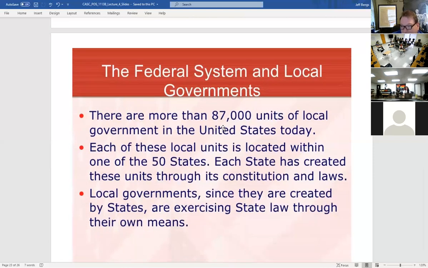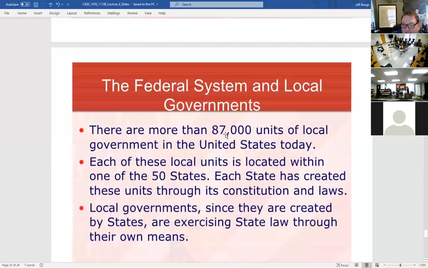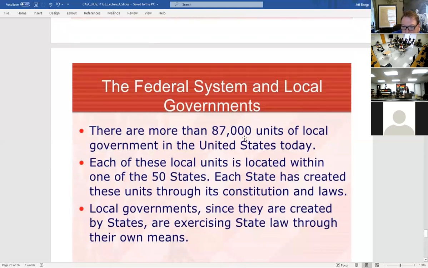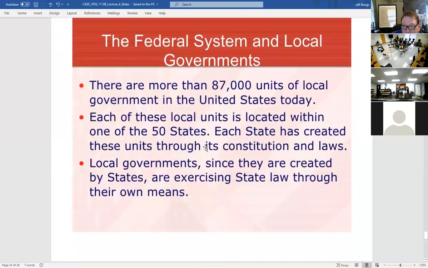I changed it up there on you, didn't I? And each little unit within the states follows along with the Constitution of the federal government, as well as the Constitution of Oklahoma or whatever state it's in.